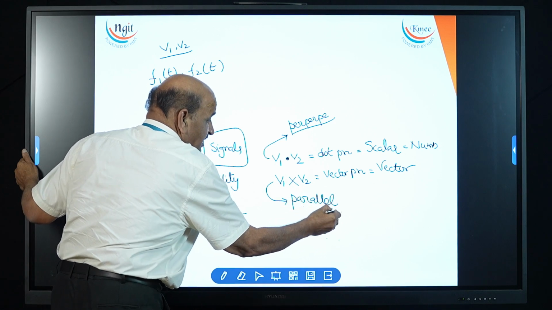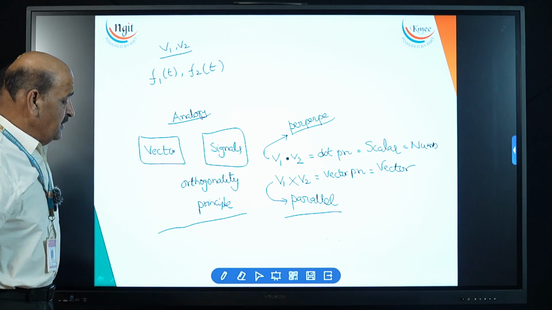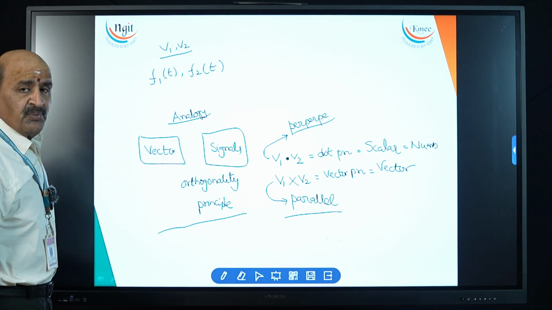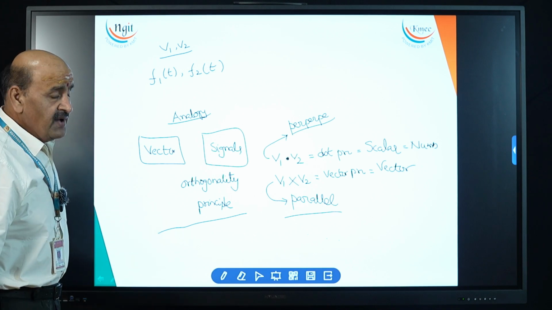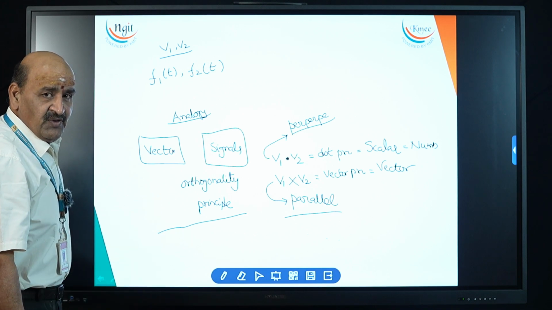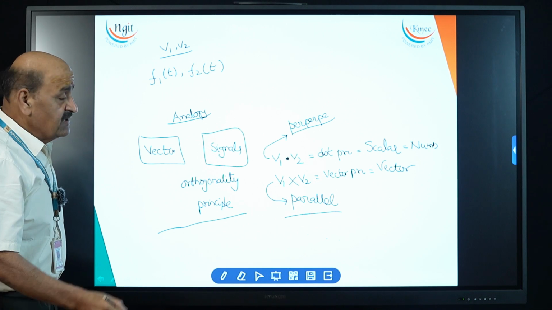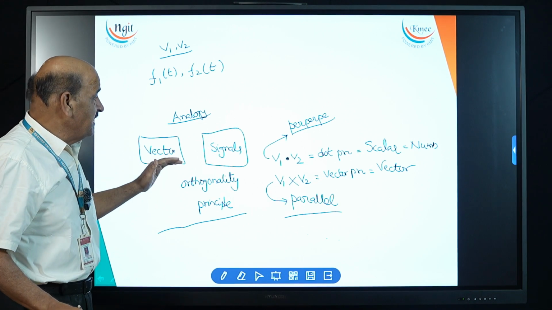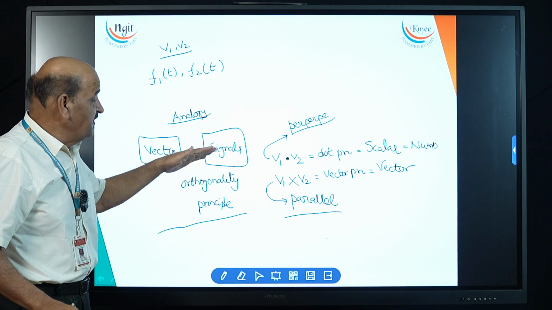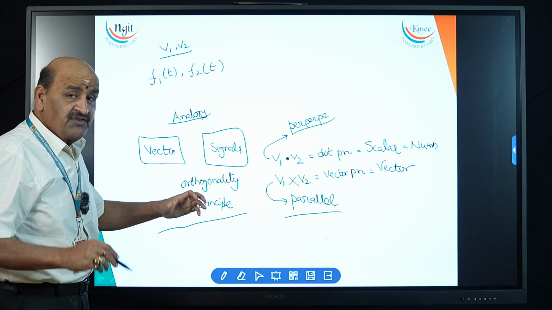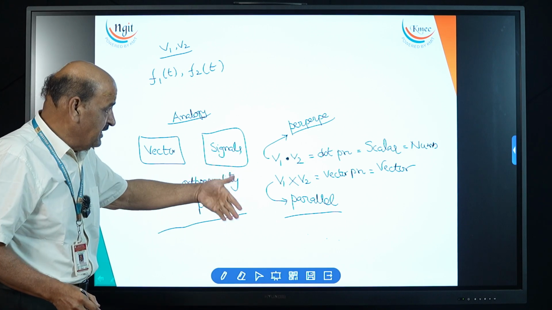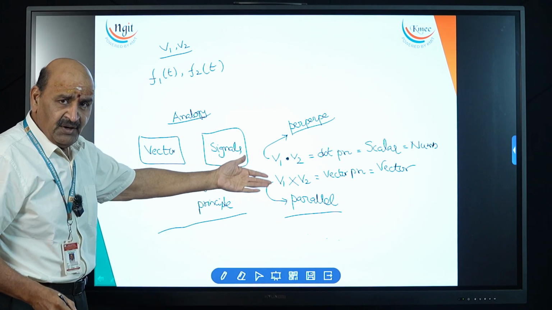You already learnt all these things in previous semesters, but I am making you recollect these important points, because in the very next session we are going to discuss signals. In signals, how vectors can be clearly compared with signals by using the principles of orthogonality. Because of that principle, we are now excavating these important points of vectors.